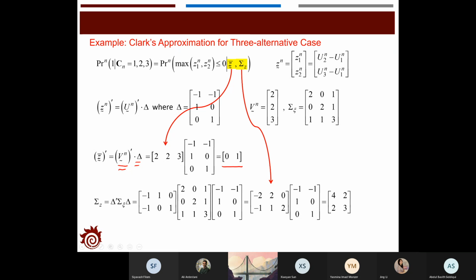As z is the transformation from the random components, the covariance will be the transformation matrix delta prime times the covariance matrix times delta, which will give you the result 4 2 2 3. So this is the covariance for z, and this is the mean value of z.